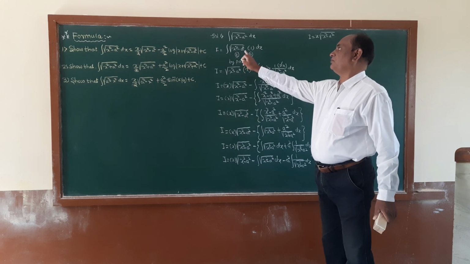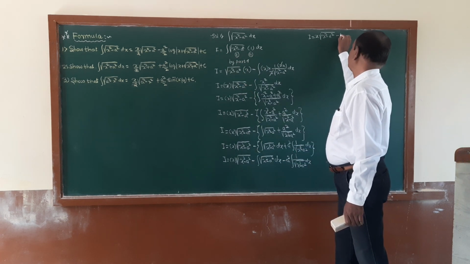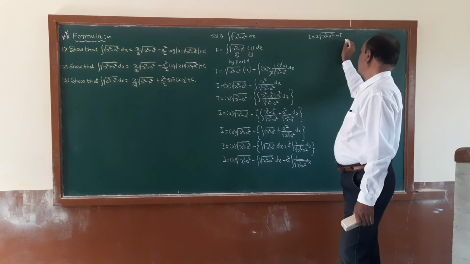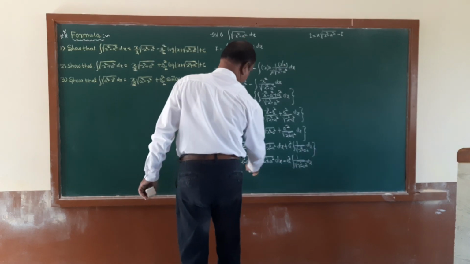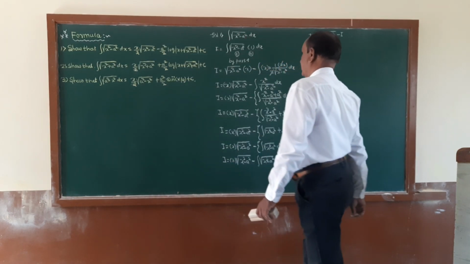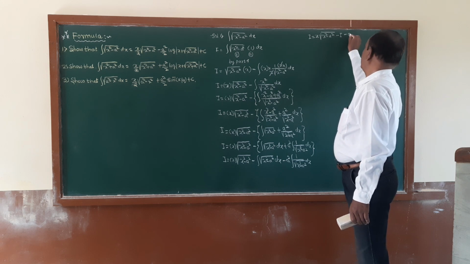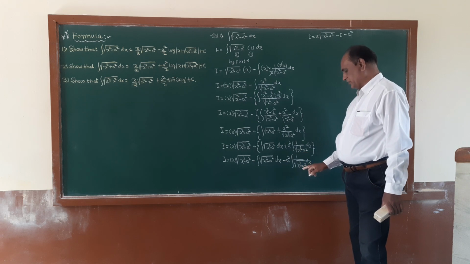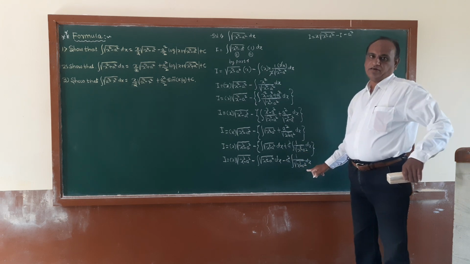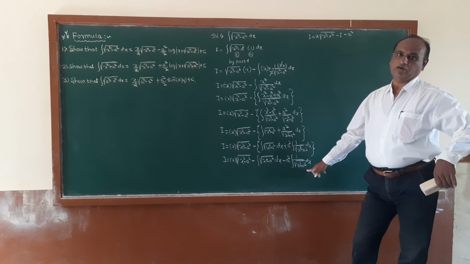Again this comes as the original integral I. So that is minus I. Then the next term, minus in the bracket, so that is minus totally a square into integral of 1 divided by root of x square minus a square.